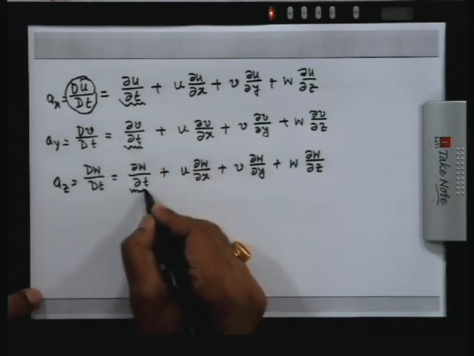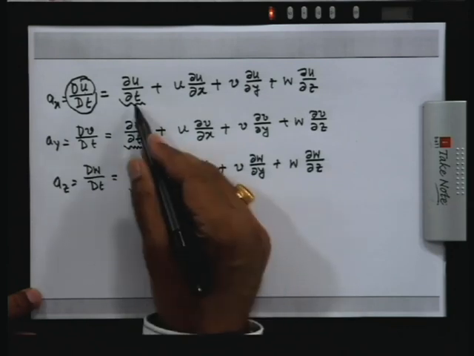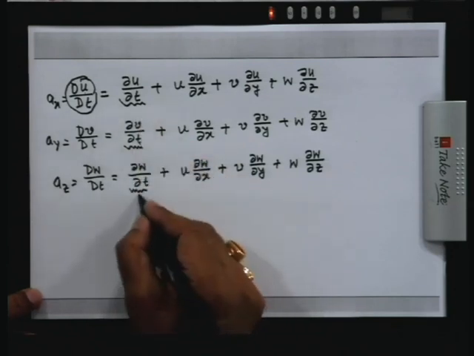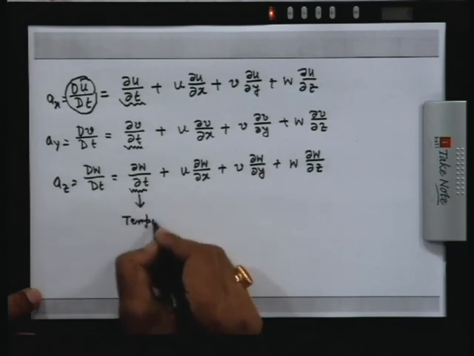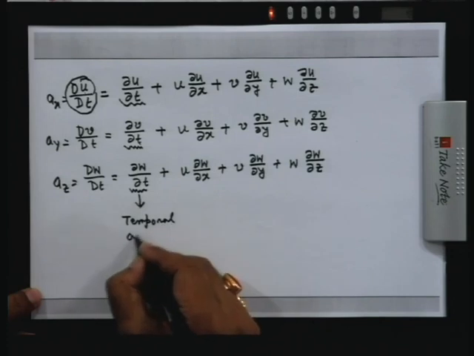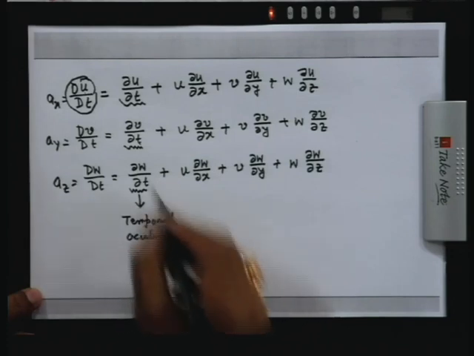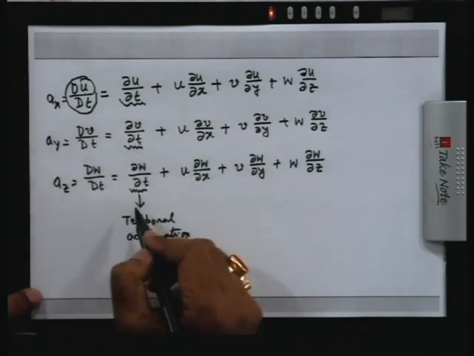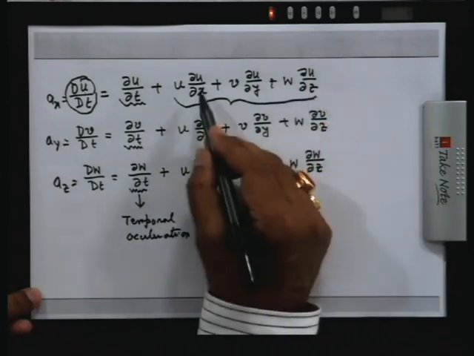This is the partial derivative with respect to t, which represents the change in the velocity with time at a given location, and this is known as temporal acceleration. In general, for any variable, this is known as temporal derivative.